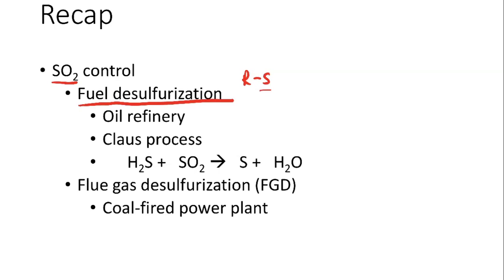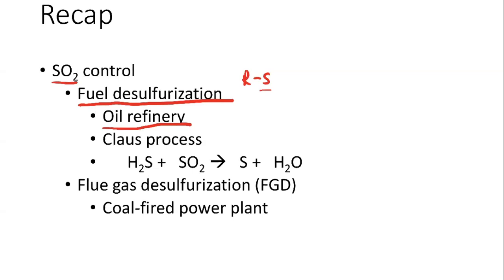We mentioned that the industry that uses fuel desulfurization the most is the oil refinery. They generally use this method mainly because they don't want to distribute, for example, gasoline containing a lot of sulfur to the customers, because we know that sulfur dioxide is bad for human health, right?